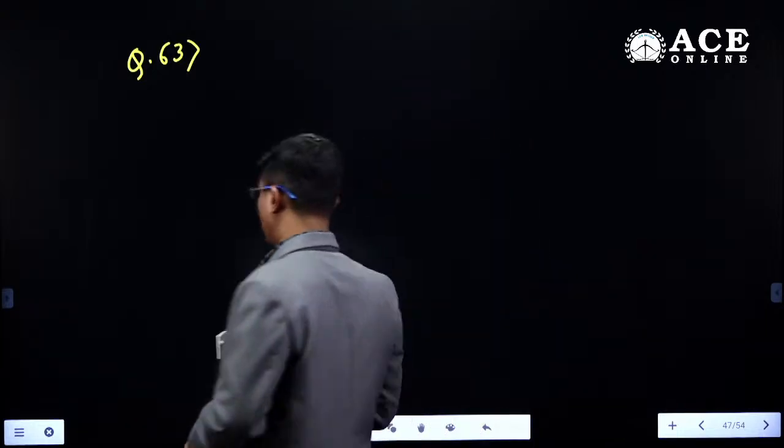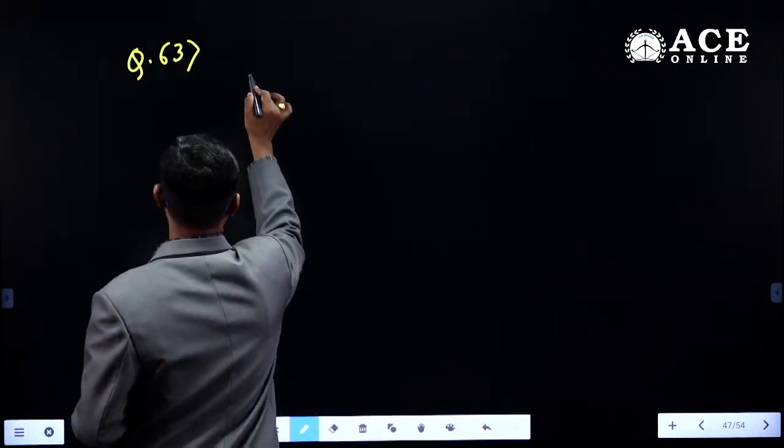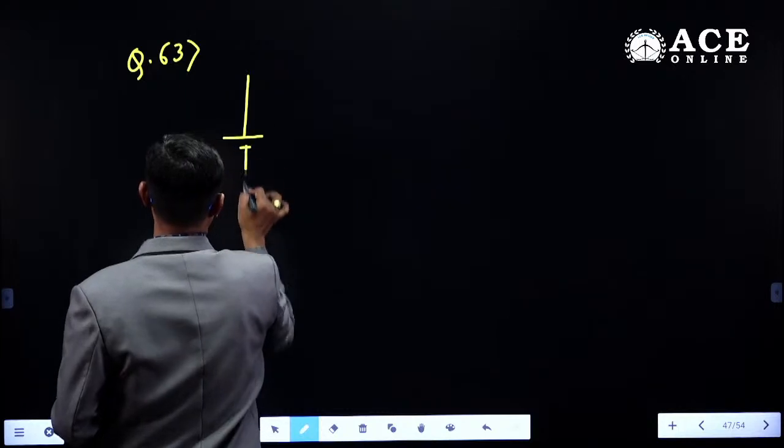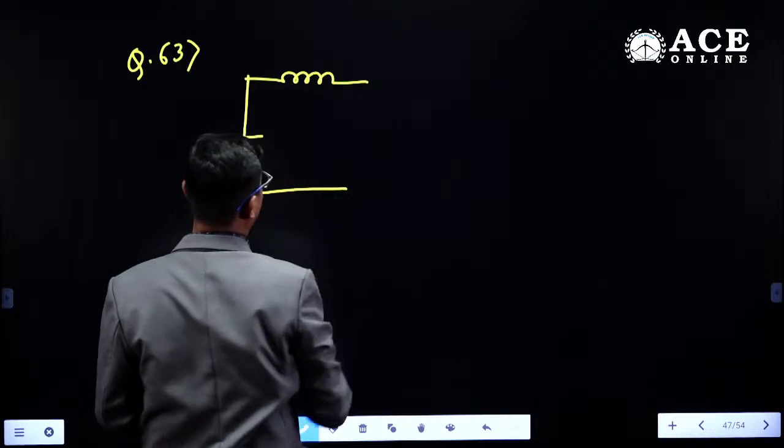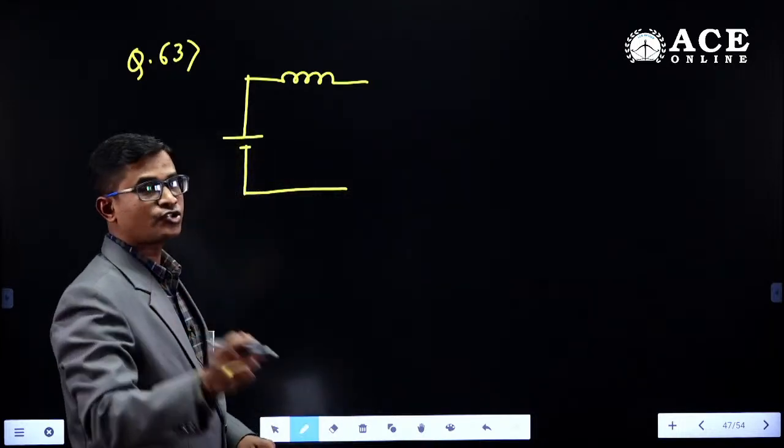All right. So the current source inverter is like this. This is the DC supply, Vs, and here is a high value of inductor, L. This will form your current source.